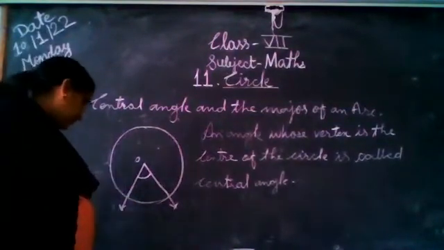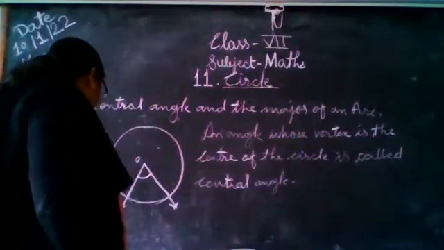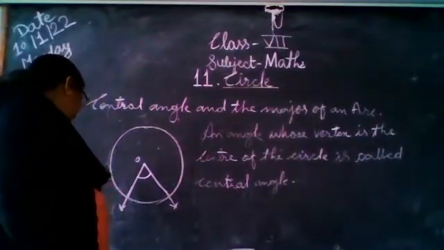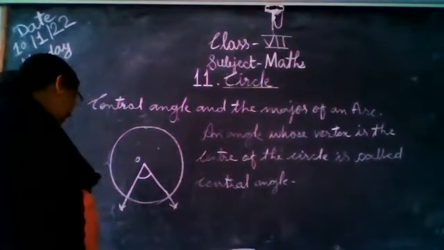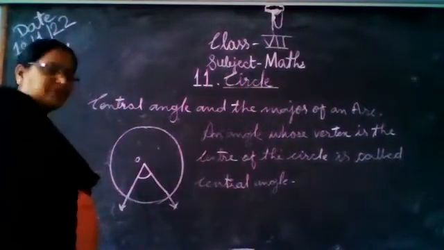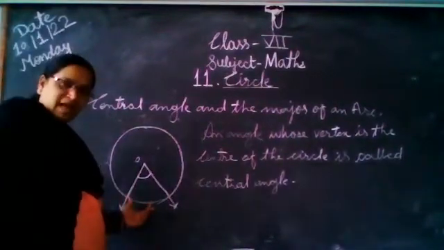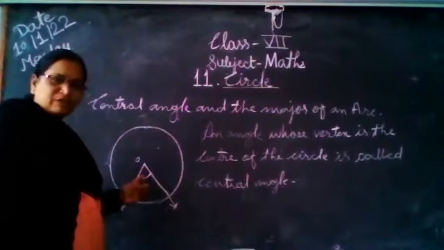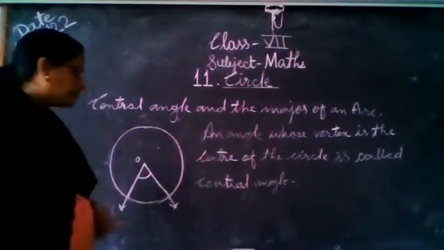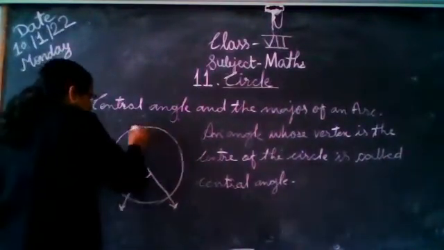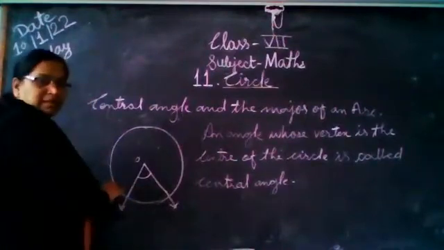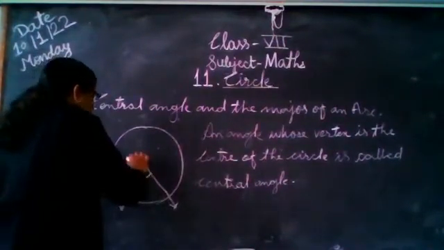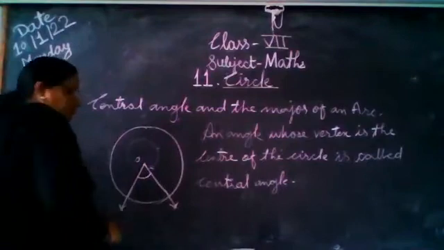Okay. The measure of the angle subtended at the center by an arc is taken to be the measure of the arc. So the measure of this arc is equal to the measure of this vertex angle, and the measure of this major arc is equal to the angle.